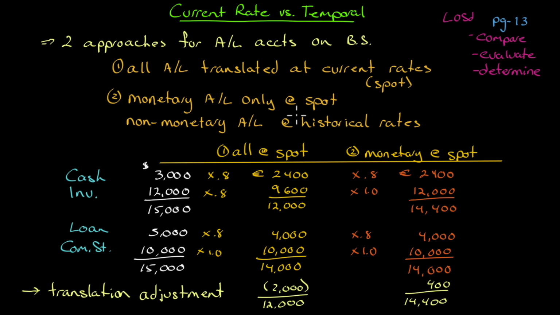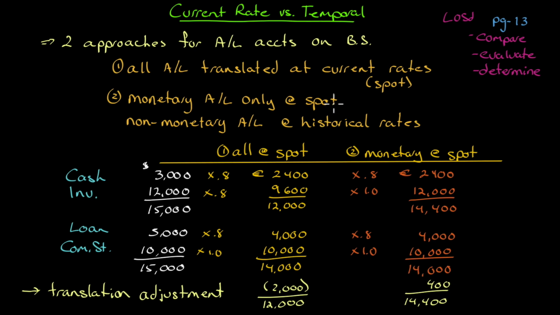So if we bought a building 6 months ago, what's that building worth? Well, I shouldn't say what it's worth, its fair value, but when we translate the currency amount, it should be translated at the historical rate that it was purchased at, not the current rate.